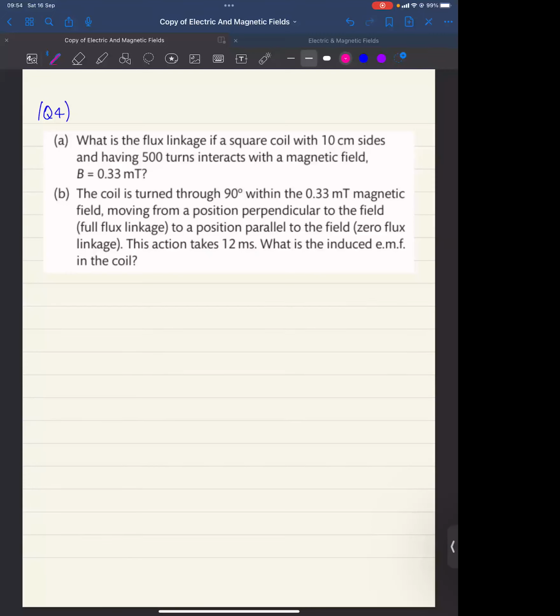This action takes 12 milliseconds. What is the induced EMF in the coil? Give it a try.